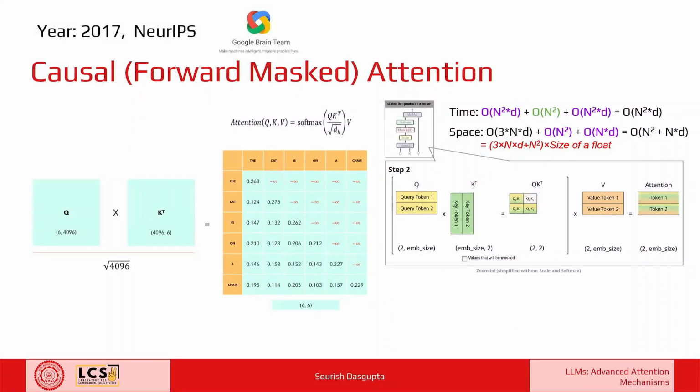So that would mean that you need to mask whatever is in front of a particular token, right? Or whatever is upcoming. And the way to do that is you just put a minus infinity in front of, let's say, if the sentence is the cat is on a chair, then after that you just keep everything as minus infinity.